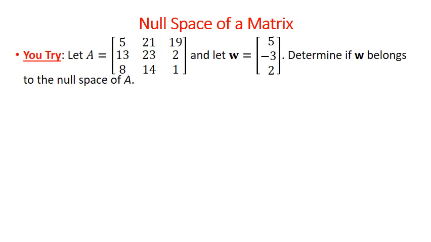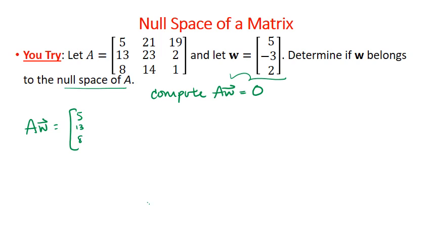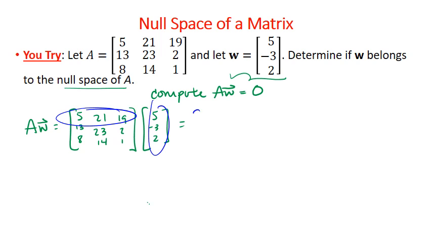Again, if I want to figure out if vector w is in the null space of A, I want to compute Aw, and if that equals 0, then yes, it is in the null space of A. When you find Aw, you do in fact end up with the 0 vector.